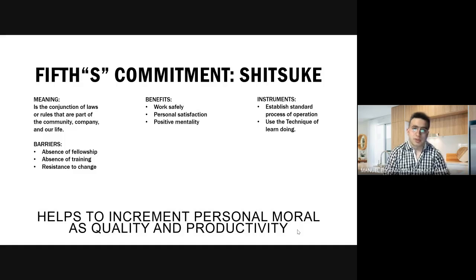The benefits are to work safely, personal satisfaction, and positive mentality. The instruments are to establish a standard process of operation and use the technique of learning by doing. The barriers are the absence of fellowship, absence of training, and resistance to change.